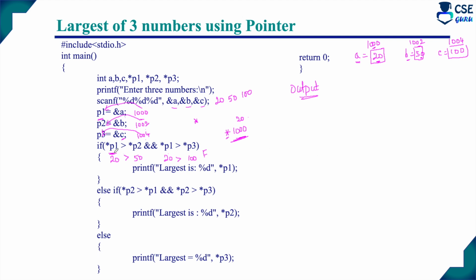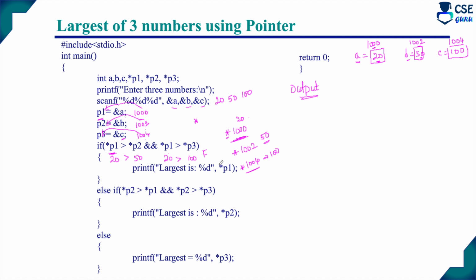Here P1 is nothing but 1000 and star 1000 is nothing but 20. Similarly, P2 is 1002 and star 1002 is 50. And P3 is 1004, and if you use the pointer variable with star, it will refer to its value, that is 100.